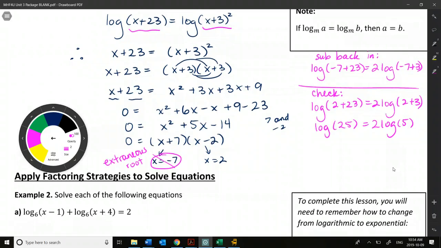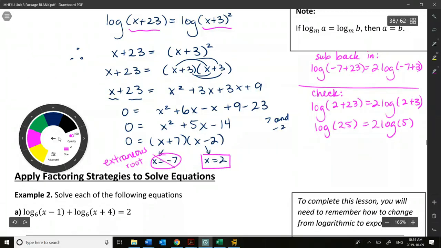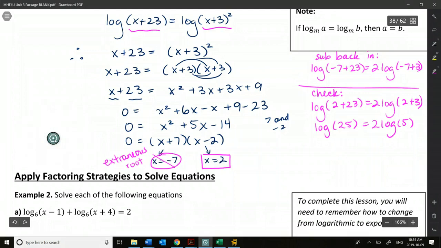Okay, so you're evaluating both sides here. Is the log of 25 equal to 2 times the log of 5? What do we get for log of 25? 1.39794009.